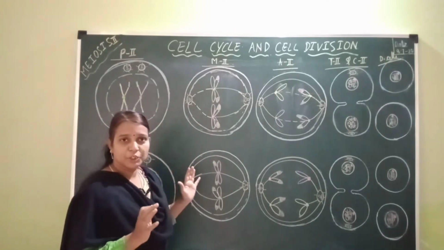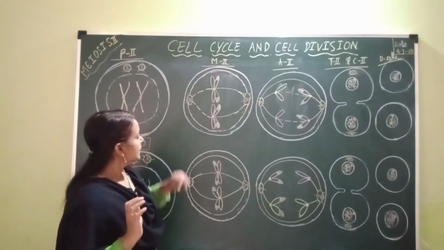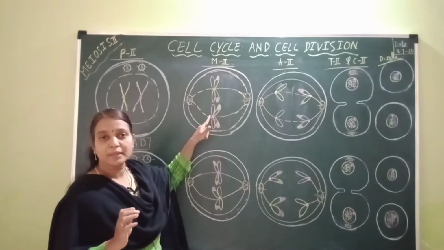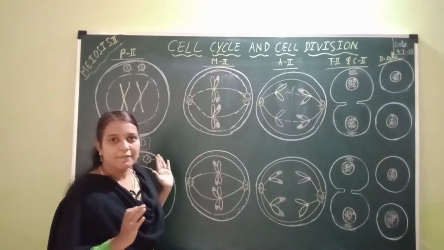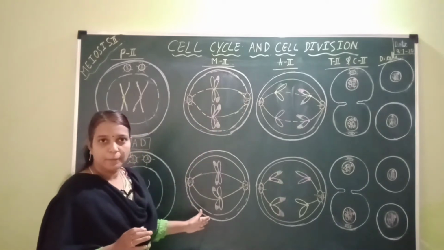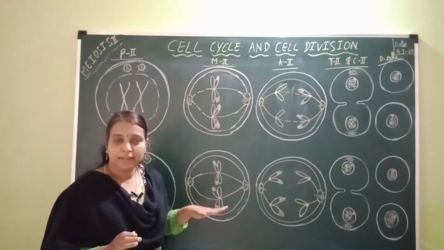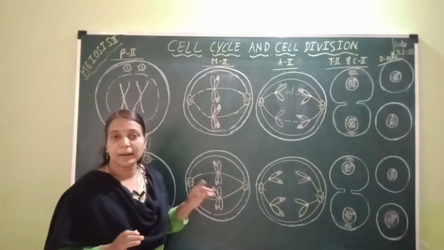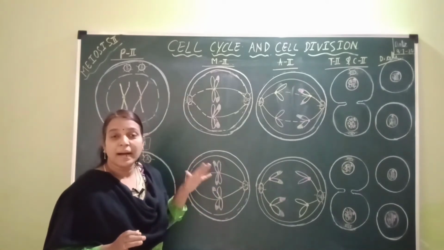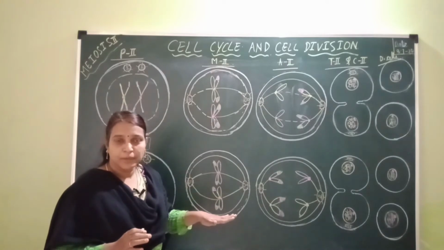Now, after completion of formation of the spindle apparatus, the spindle fibers attach with chromosomes at the point of kinetochores. After attachment, they bring these chromosomes towards the center of the cell, forming the metaphasic plate. Now, this is called the metaphasic plate. But in case of metaphase-I of meiosis-I, a bimetaphasic plate is formed.